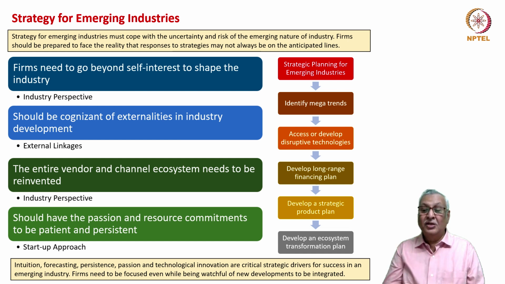Therefore, we need a strategic product plan which justifies the long-range financing plan, and develop an ecosystem transformation plan as well. So intuition, forecasting, persistence, passion, and technological innovation are critical strategic drivers for success in an emerging industry. Firms need to be focused even while being watchful of new developments that need to be integrated.